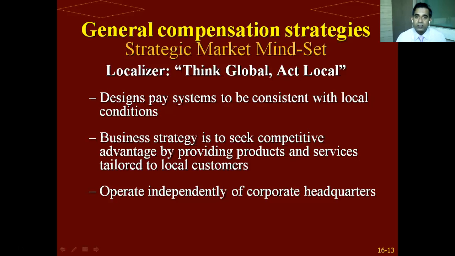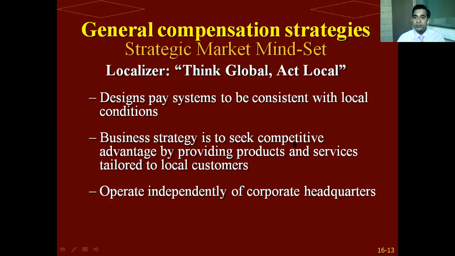So it may design the pay system to be consistent with local conditions in the US and California.